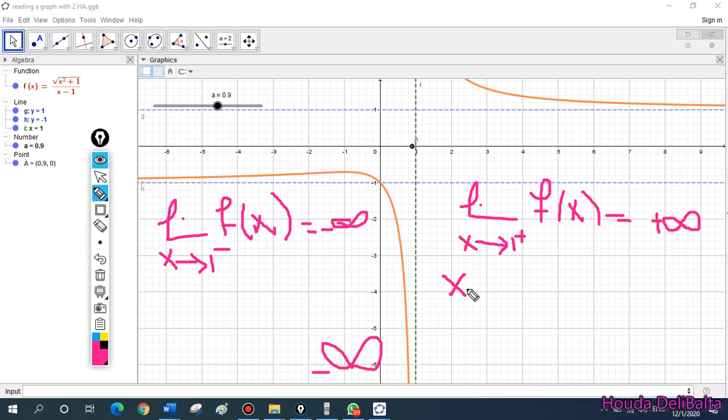Then we say that x equals 1 is a vertical asymptote. That's about the vertical asymptote and about the limits at infinity and the horizontal asymptote as well.